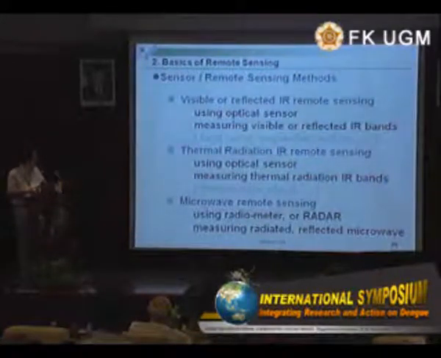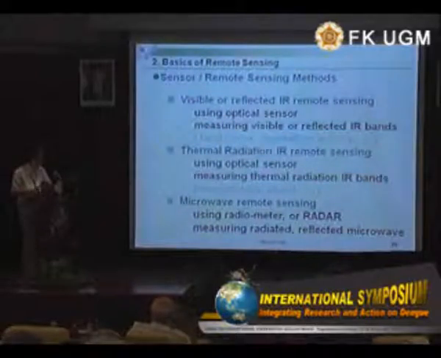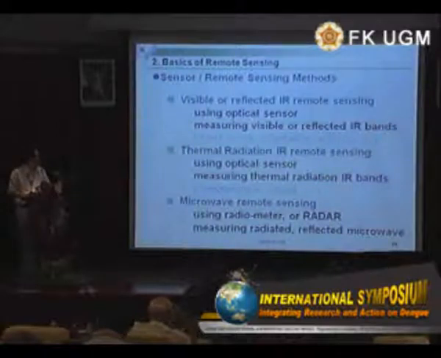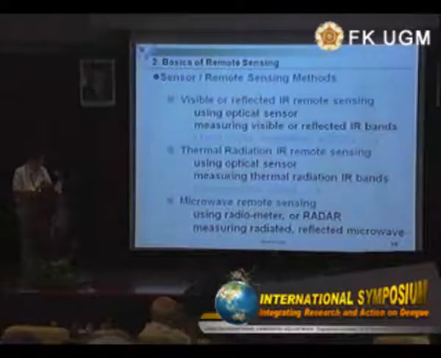The first uses optical sensors in the visible band and infrared band. This is measuring visible or reflected IR. The use of this remote sensing is surveying land cover, vegetation activity or something.